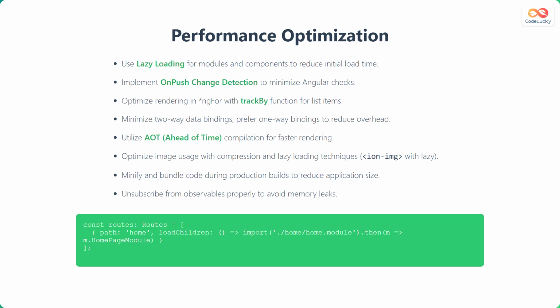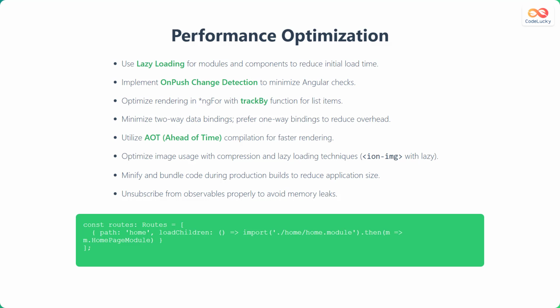Improving the performance of your Ionic Angular app involves several strategies. Use lazy loading for modules and components to reduce the initial load time. Apply the OnPush change detection strategy to limit unneeded checks during rendering. Optimize lists by using trackBy functions in ngFor directives to efficiently update the DOM.